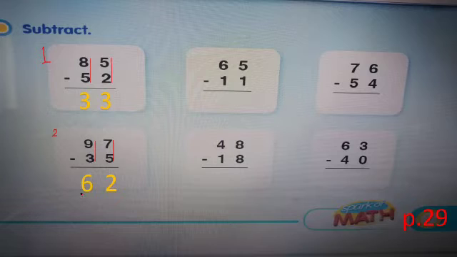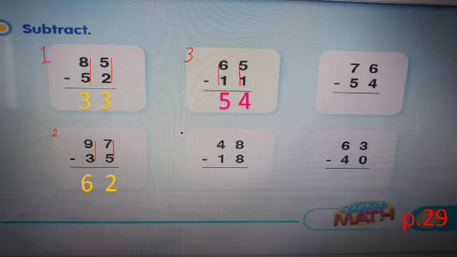So the answer is 62. Let's move to number 3. We subtract the ones, then we subtract the tens. 5 minus 1, excellent, 4. 6 minus 1, 5. Great. So the answer is 54.